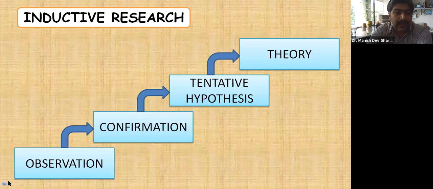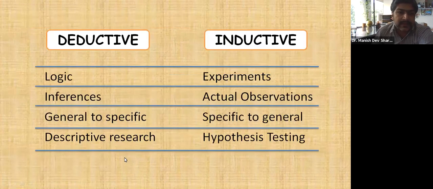So similarly, we have an observation. The observation we apply repeated number of times to confirm it. Then we finally conclude to a tentative hypothesis, and finally we derive a theory. So the theory only concludes that this is inductive research, and you started from the observation and landed at a particular set of theory.